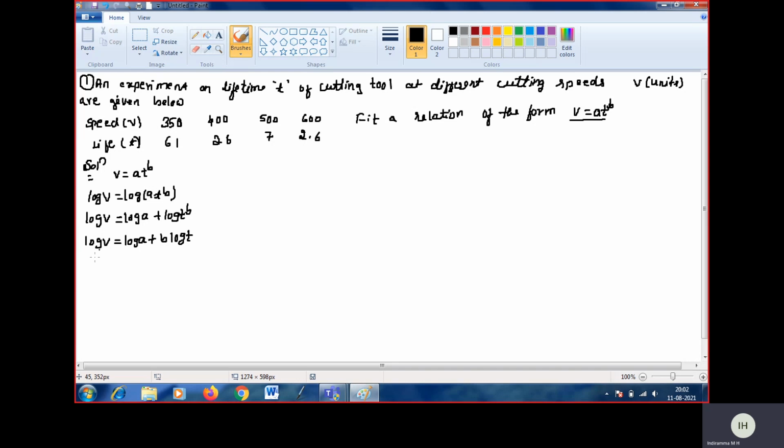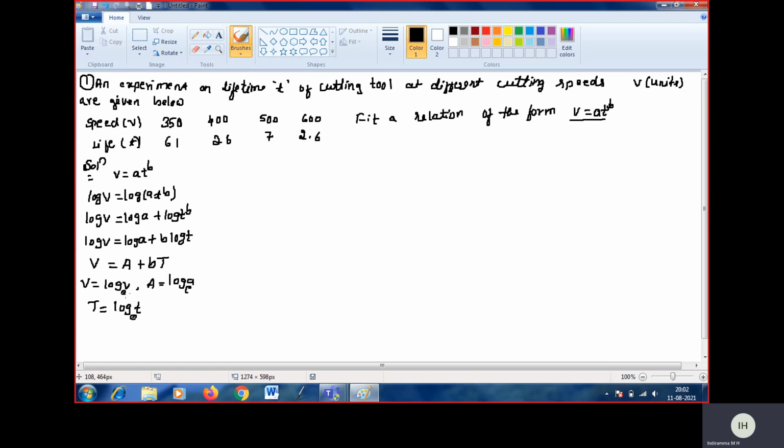So now log V is nothing but I will take it as capital V. Log A I will take it as capital A, plus small b as it is. Log T I will take it as capital T. So now where capital V is equal to log of small v with base e, and capital A is equal to log of small a with base e, and capital T is equal to log of small t with base e.